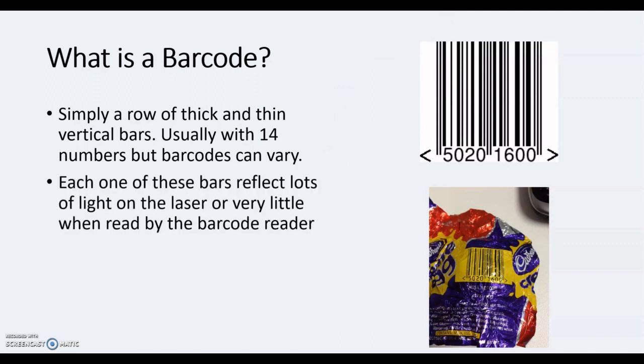Now, one of these bars will either reflect lots of light from the laser or very little when it's red. Which one do you think would reflect a lot of light? Obviously it's going to be the white bars. These are bars, not just a background; these are actually bars. So the black ones will reflect absolutely no light, and the white ones will reflect quite a lot.